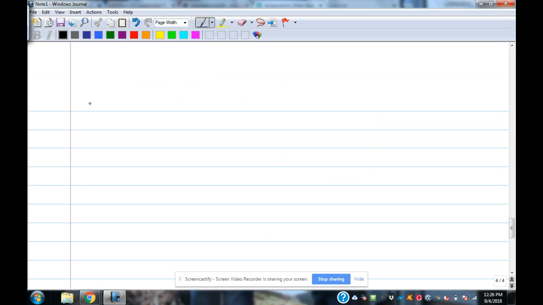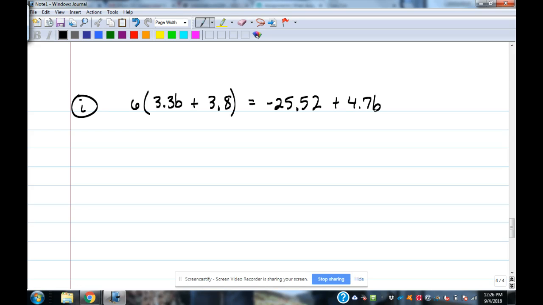Let's get a decimal that's got variables on both sides. So say, let's do this, 6 parentheses 3.3b plus 3.8 equals negative 25.52 plus 4.7b.